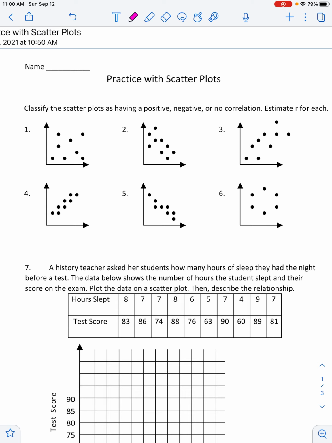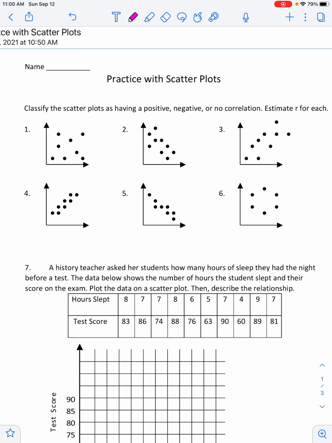Okay, remember positive and negative correlations. On the graph, they look like a positive slope or a negative slope. And then when we connect it to context, a positive correlation means that as one variable increases, the other one increases as well. And a negative correlation means that as one variable increases, something else decreases.